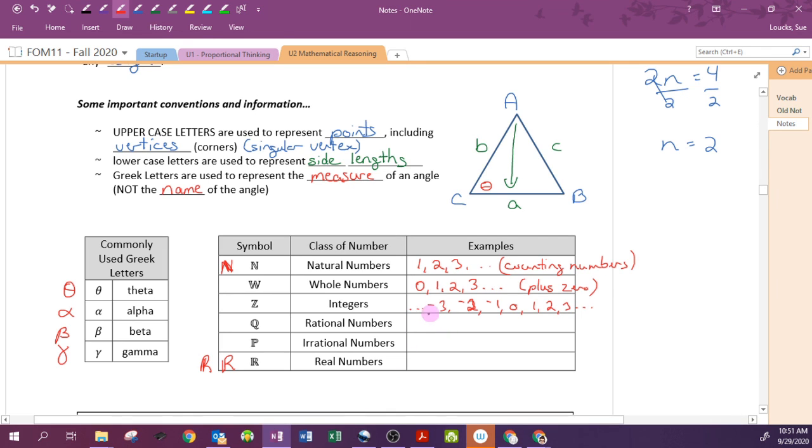The rational numbers can be written, the official definition is they can be written as a fraction of integers. So that includes all of the numbers above plus like 1/2 or negative 5 over 2 or 0.77 or 0.3 repeating because that equals 1 over 3.